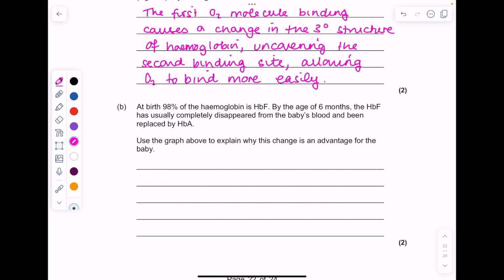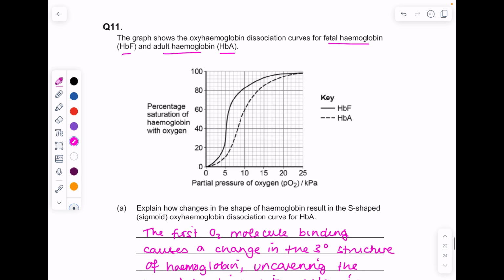At birth, 98% of the hemoglobin is fetal hemoglobin. By the age of 6 months, the fetal hemoglobin has usually completely disappeared from the baby's blood and has been replaced by adult hemoglobin. Use the graph above to explain why this change is an advantage for the baby. So we're replacing the fetal hemoglobin with the adult hemoglobin.